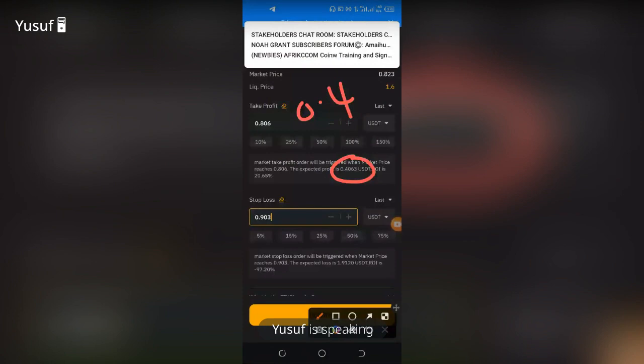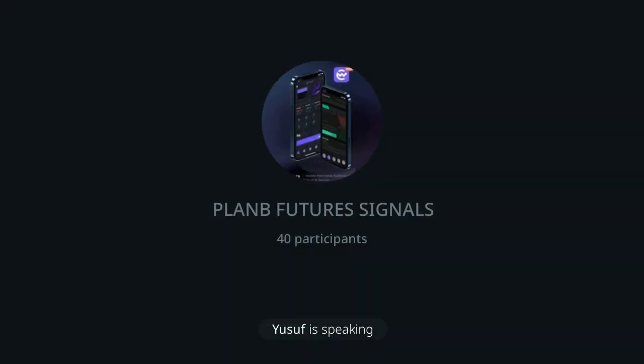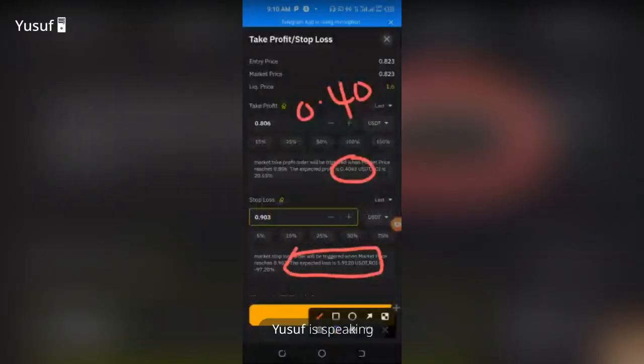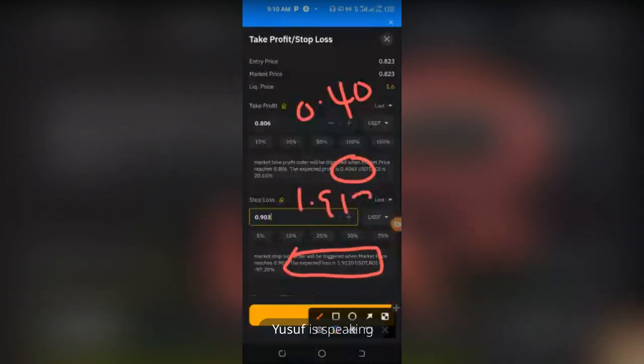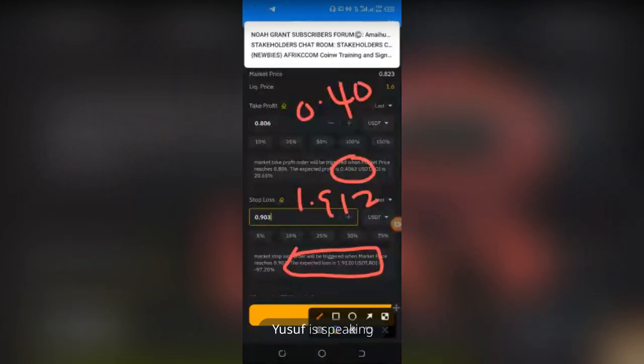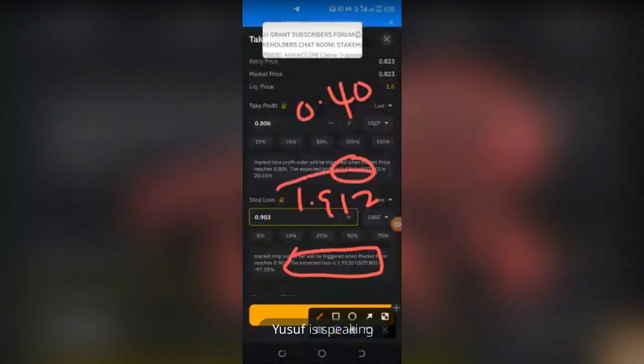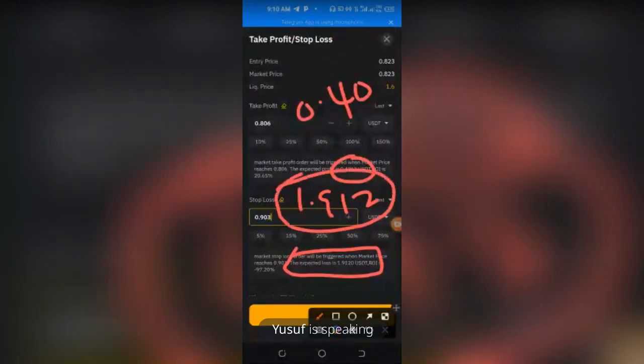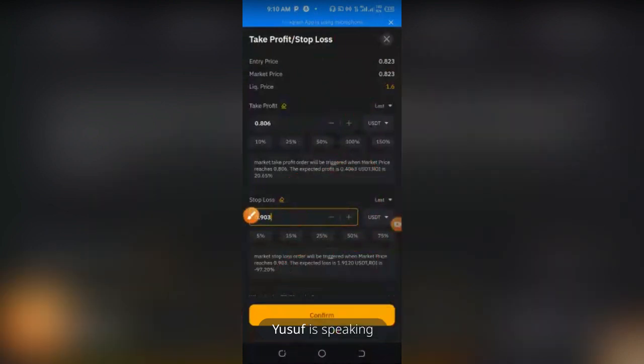Then if the market did not favor me, this is the expected loss I'm going to make, which is 1.912. Sometimes trade might go so crazy that it may not go in your direction. Setting take profit and stop loss will guarantee that at worst case, out of my own money, I will only lose 1.9. I cannot lose beyond that. That's the essence of take profit and stop loss.